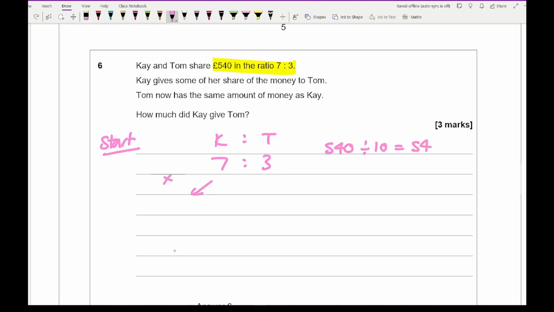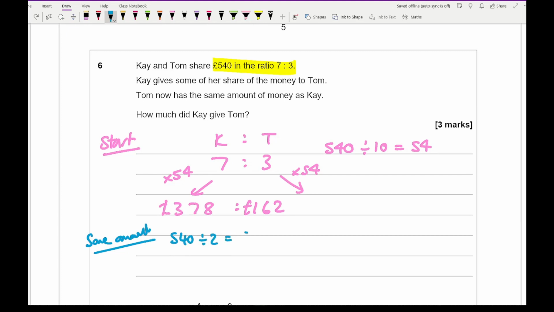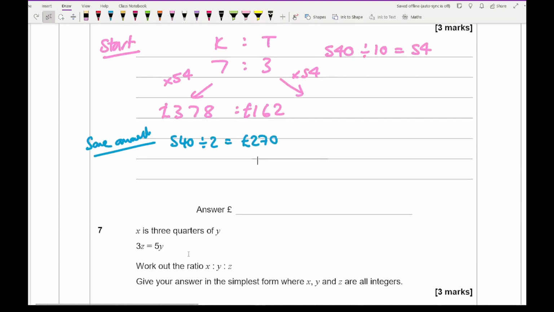So if I then multiply 7 by 54 and 3 by 54, then I get an answer of 378, and I get 162. Now, for them to have the same amount, we do the total amount, which is 540, divided by 2, which is 270. So that means at the end they want £270 each.